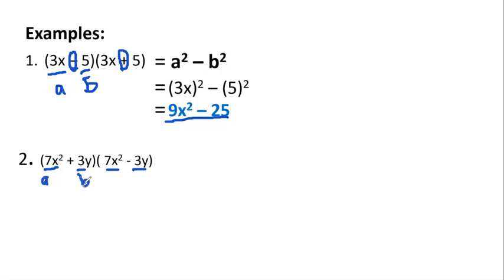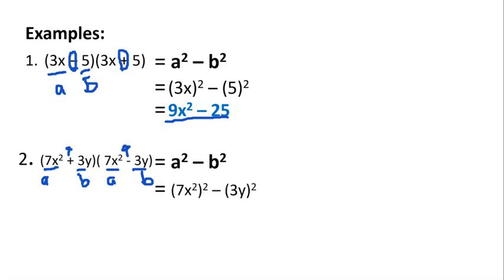Okay, so ito si A, and si 3y si B. And as you can observe, iba yung operator nilang dalawa, addition and subtraction. So therefore, we will still use the same pattern to find the final answer: a squared minus b squared.